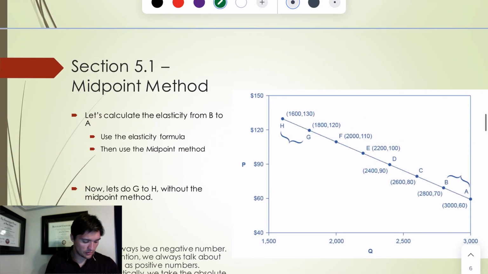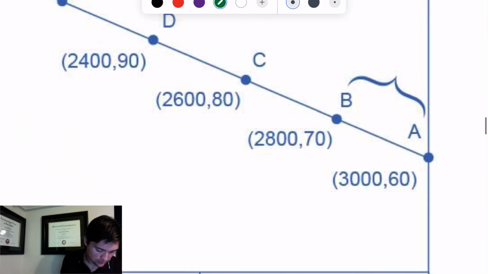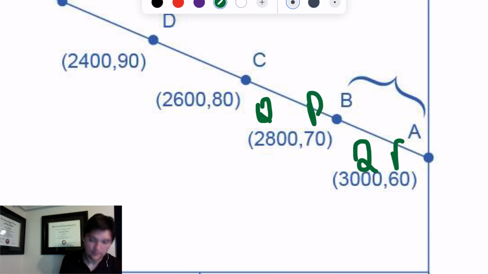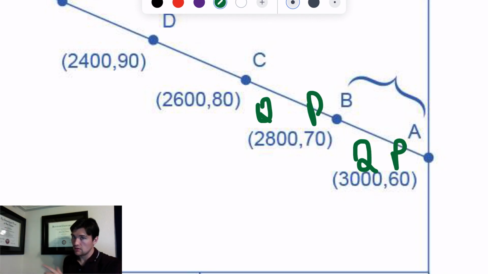So let's calculate the elasticity from B to A. B to A. All right, so that's right here. Okay, so this is the quantity, and this is the price. Quantity, price. So we're going from B to A. From B, so we're leaving B behind, and we're going to A. So what is old in this situation?